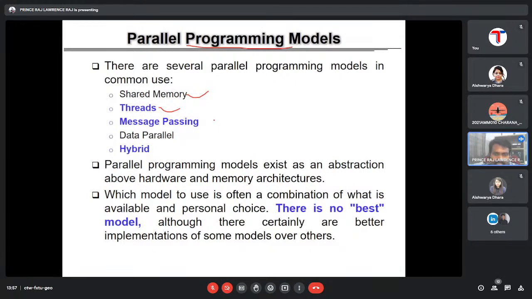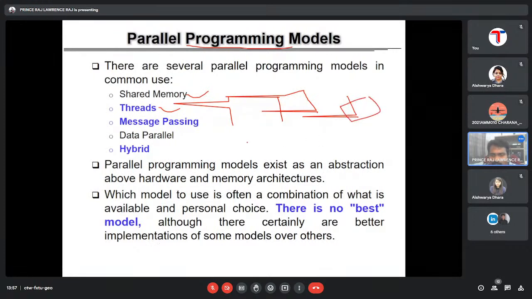Which means what? A single processor will have two threads. I mean, this single processor will act as two processors.